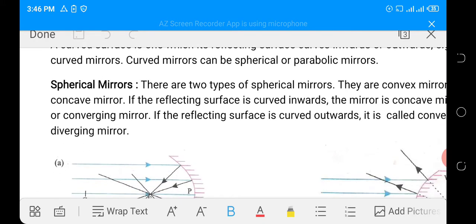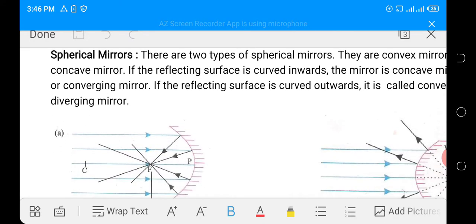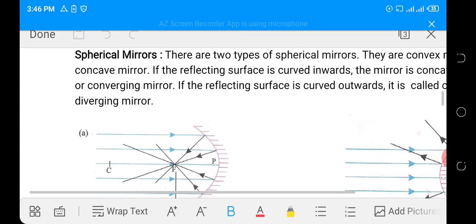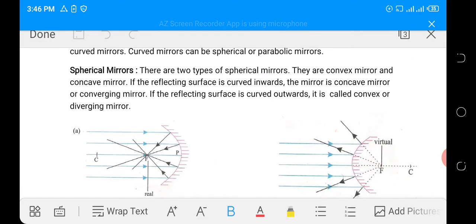So let's pick them one by one. Spherical mirrors. There are two types of spherical mirrors: concave mirrors and convex mirrors.